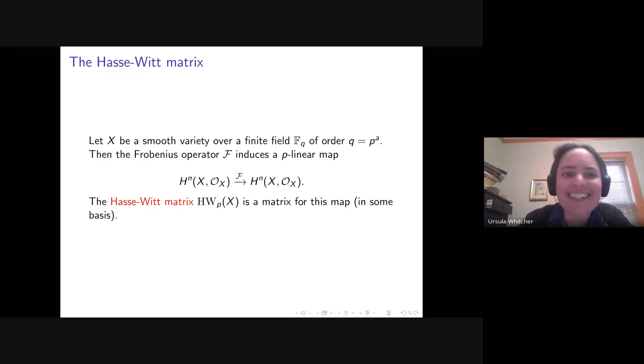And to do this, we're going to use the Hasse-Witt matrix. So let's suppose we've got a smooth variety over a finite field of some prime power order. You can look at how the Frobenius operator acts on its cohomology. It's going to give you some kind of p-linear map. And the Hasse-Witt matrix is just a matrix for how the Frobenius operator acts on this cohomology space in whatever your favorite basis is.